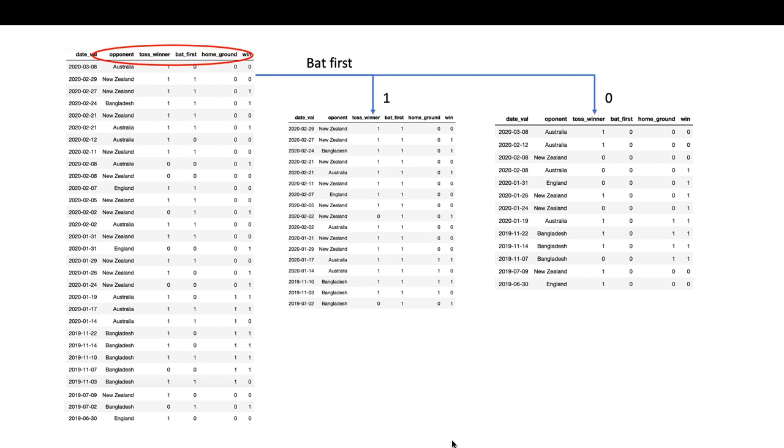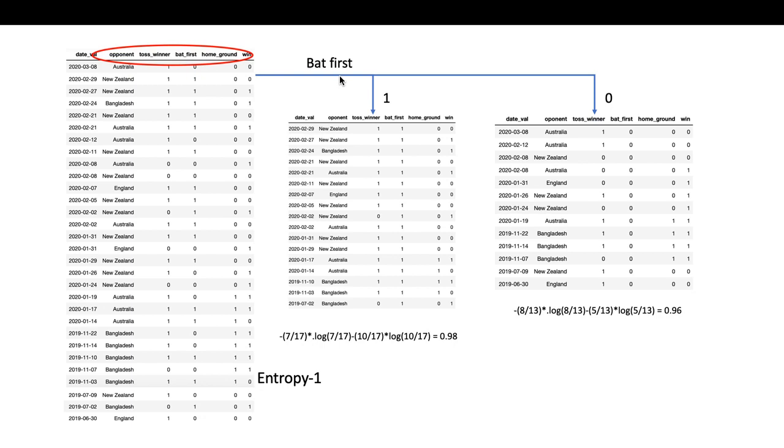These are the tables for when India batted first, and these are the tables for when India batted in the second innings. For the table on the left, the entropy is 0.98, a little less uncertainty, and for the other table it is 0.96.